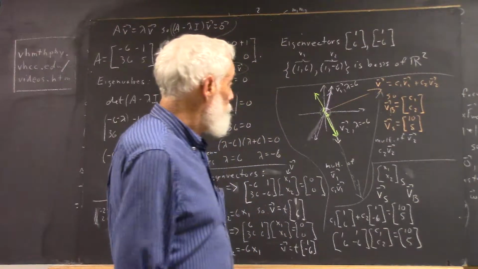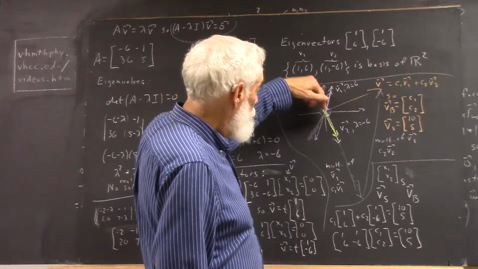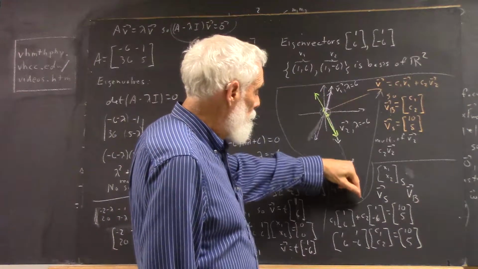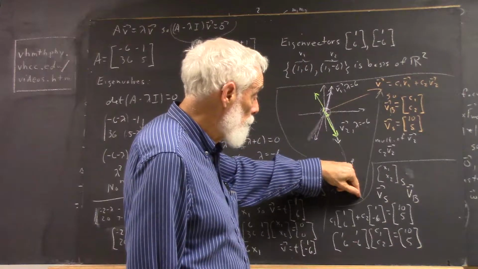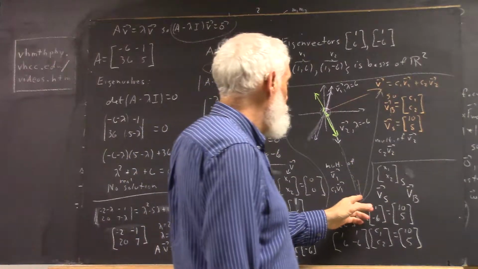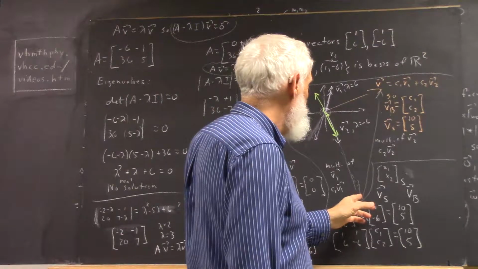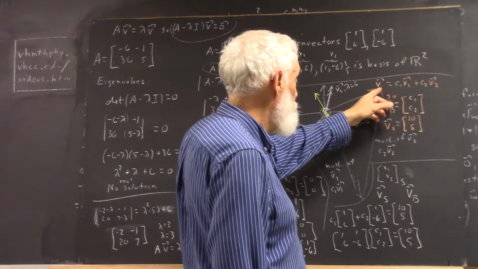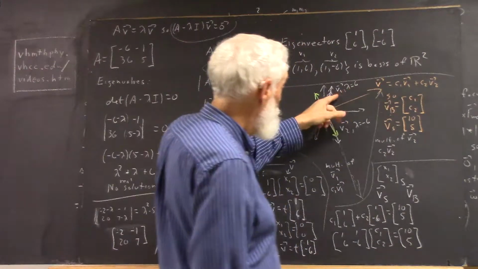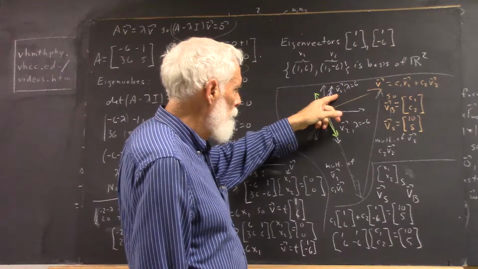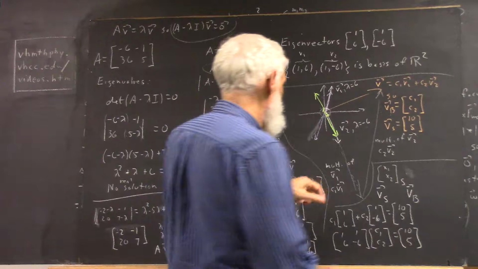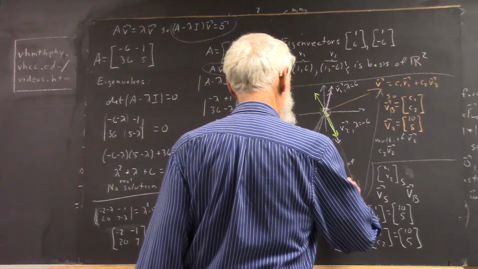Geometrically, that means I could go along the line of the V2 vector until I get to a point where moving from that point to the tip of the V vector is going to be in the direction of the V1 vector. And I labeled these wrong. This should be V2.